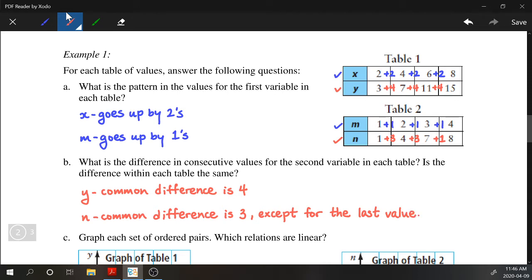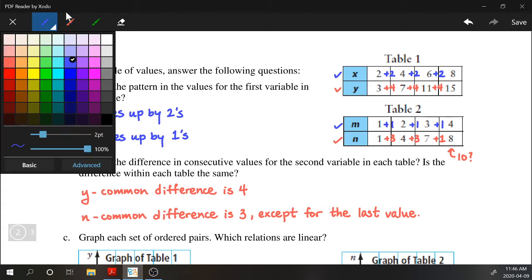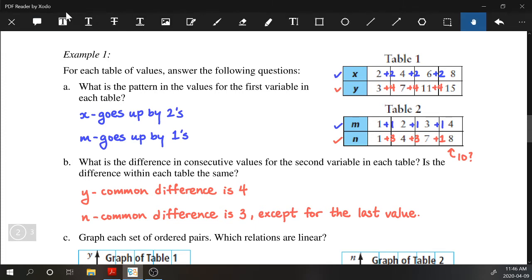All right, so if this example, table 2, were to follow the pattern, this really would have given you a 10, but it doesn't. So we know that table 2 is nonlinear.